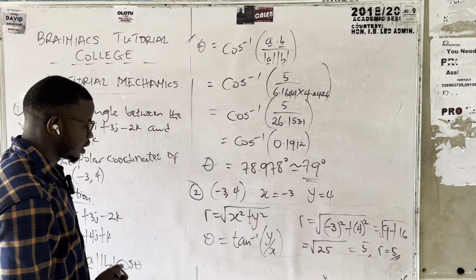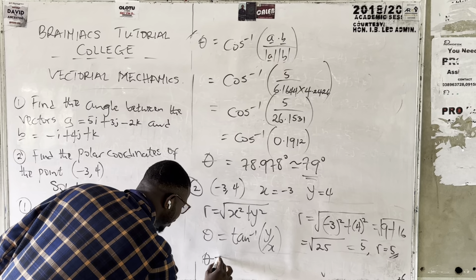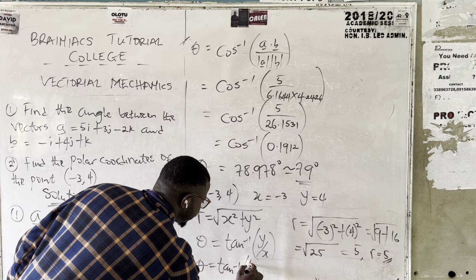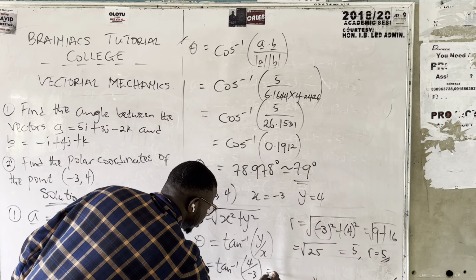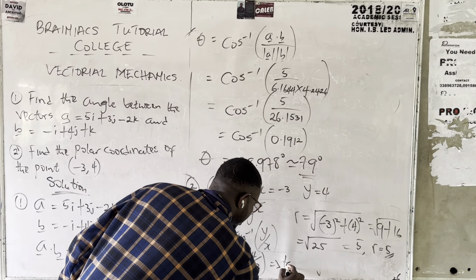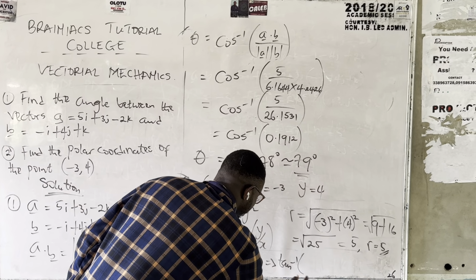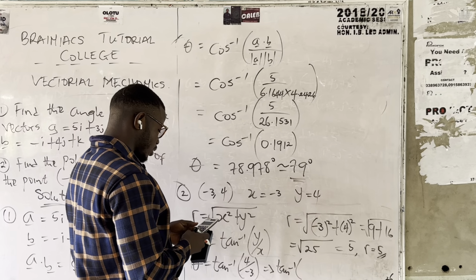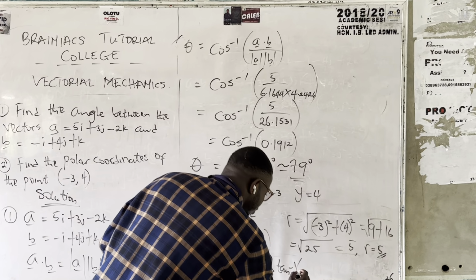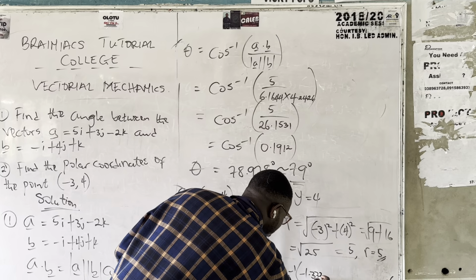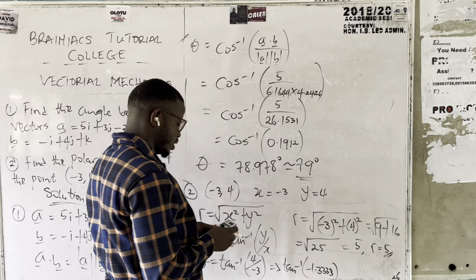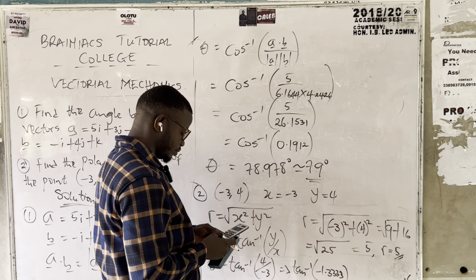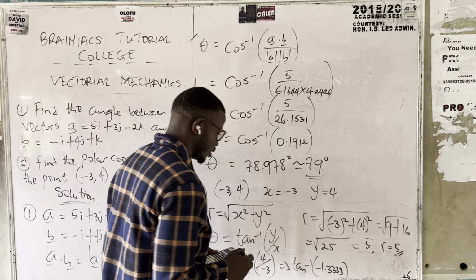Again, we're going to find the value of theta. To find the value of theta, that's arctan of y over x, which is 4 over -3. So 4 divided by 3 gives us minus 1.3333. We press shift, then tan, then minus 1.333.